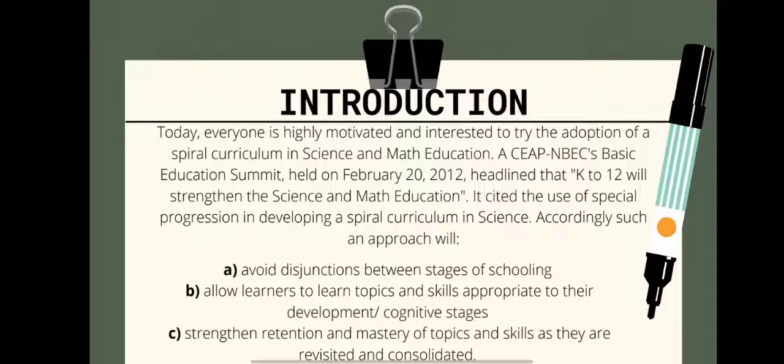C, strengthen retention and mastery of topics and skills as they are revisited and consolidated. The curriculum shall use the spiral progression approach to ensure mastery of knowledge and skills after each level. In its comparison in the learning areas, the proposed K-12 uses, A, integration and content-based instruction in K, grade 1 and 2.